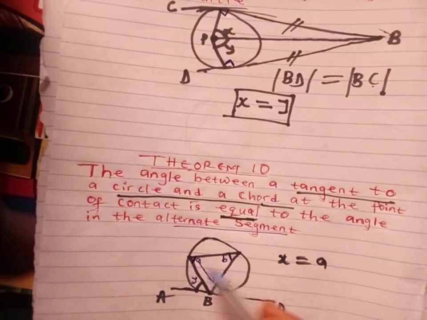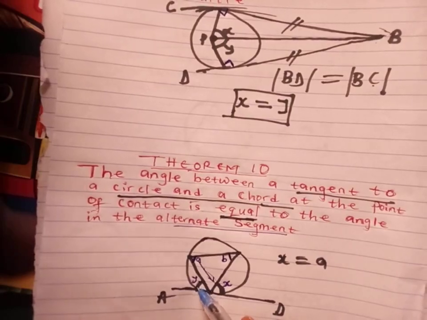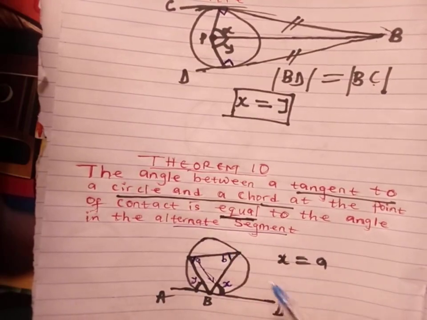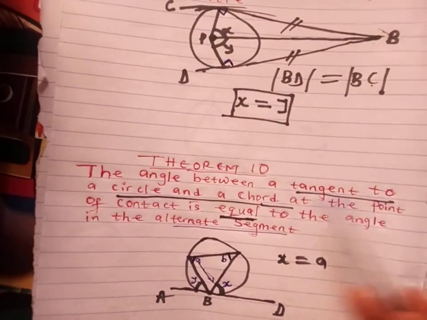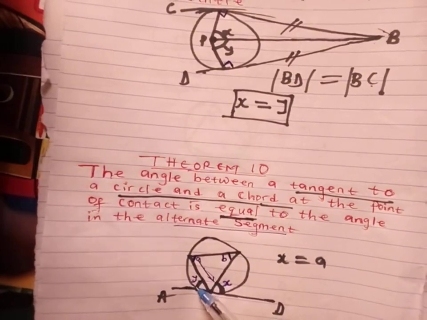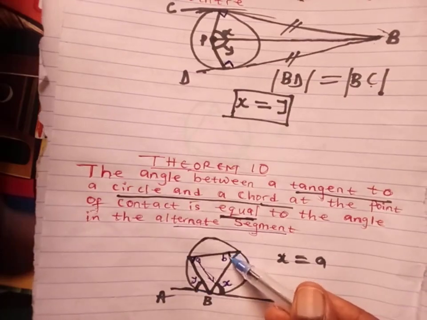All right, alternate segment, and it also means that this very angle here Y will be equal to the angle here. Yes, following the law, Y is the angle between a tangent to a circle and a chord. It will be equal to the angle in the alternate segment.